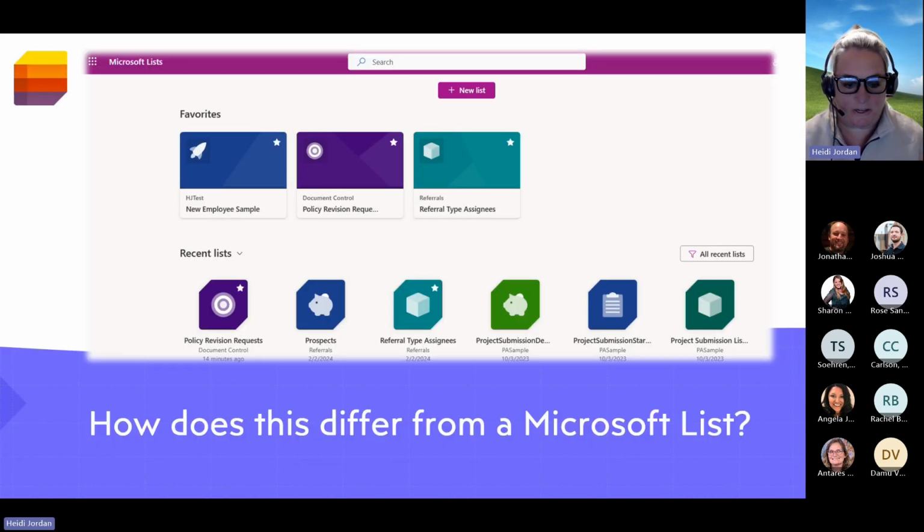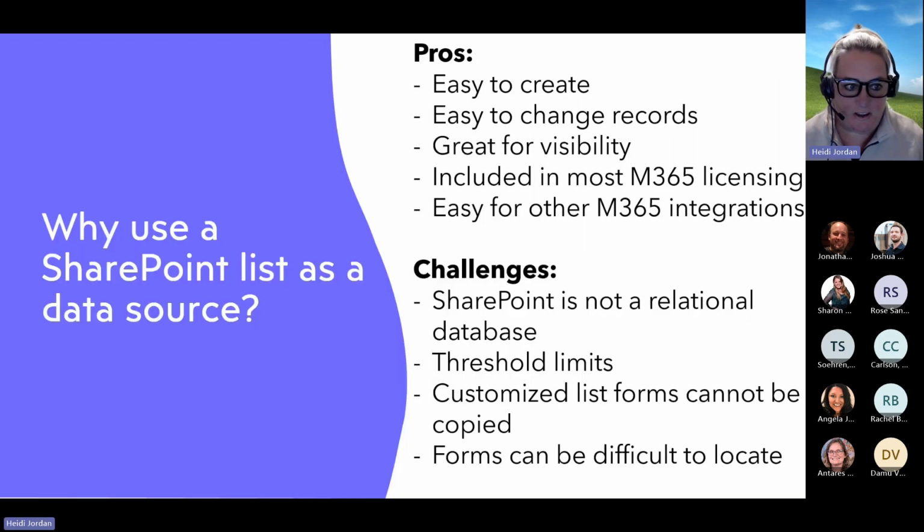When you're in Microsoft 365 and you see that little Lists icon in the waffle, a SharePoint list and a Microsoft list are essentially the same backend, but the Microsoft lists, whenever you create them and put them under My Lists, are stored on your OneDrive. So what we're going to do is use the SharePoint lists that are on our SharePoint sites to build out a Power App. I just wanted to clarify all that.